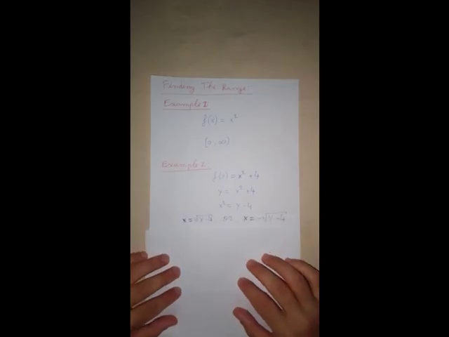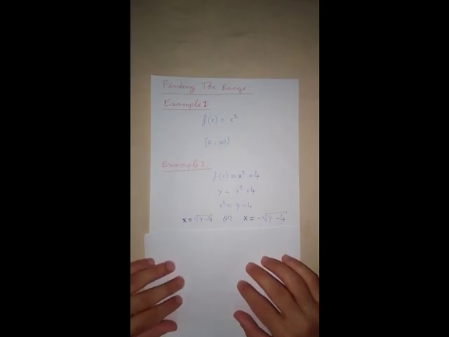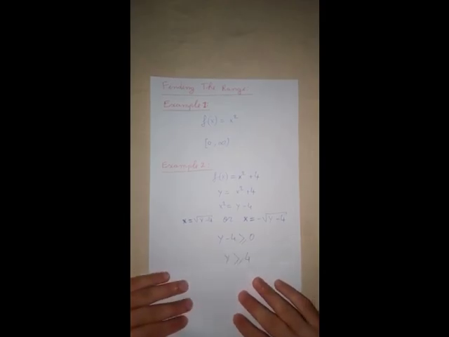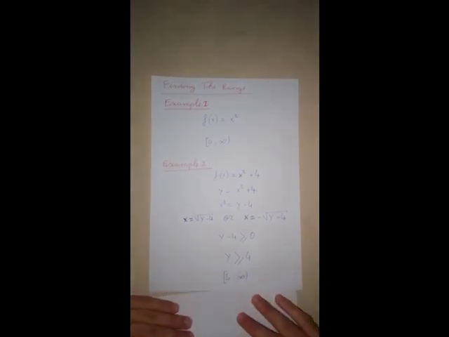Therefore, x equals square root of y minus 4 or x equals minus square root of y minus 4. In either case, y minus 4 must be greater than or equal to 0. So, y must be greater than or equal to 4. Therefore, the range is [4, infinity).